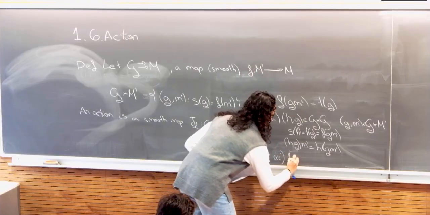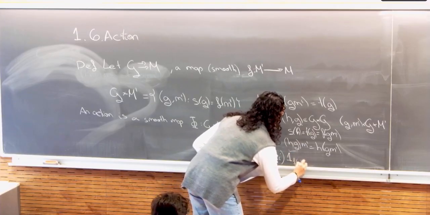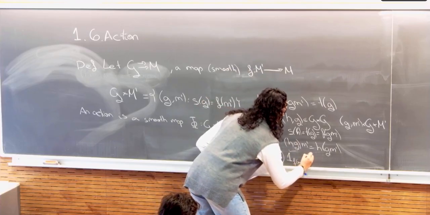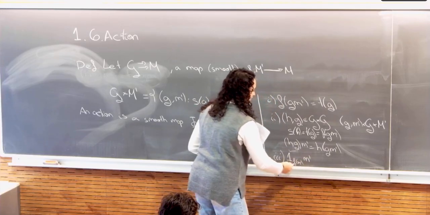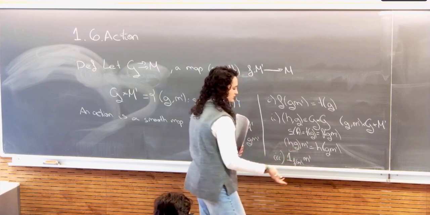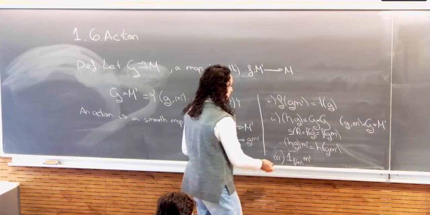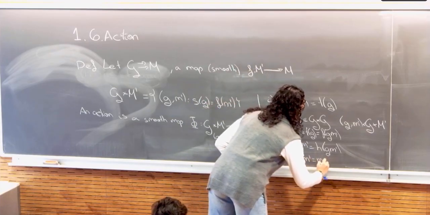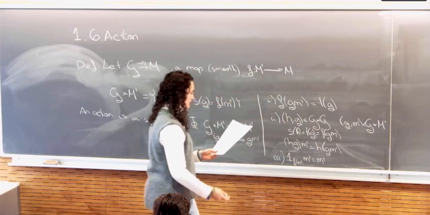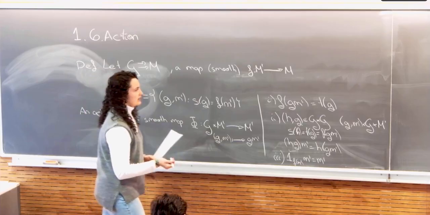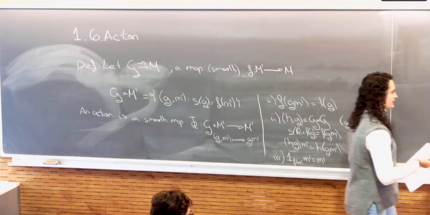So the units that will be able to act on n prime are going to be those whose source and target is the same one as the image of n prime, and this has to be n prime.